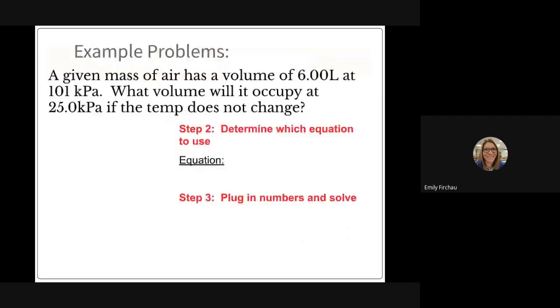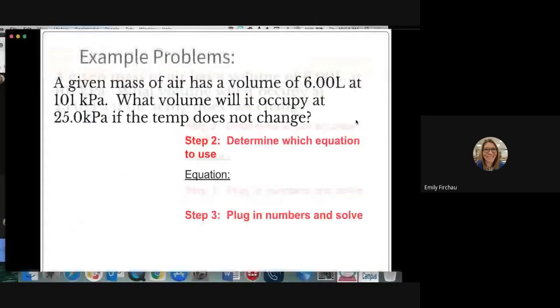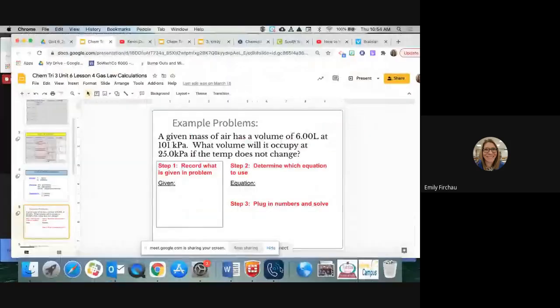So I think that these now are the problems. So I'm going to switch my sharing here so I can write on it at the same time.